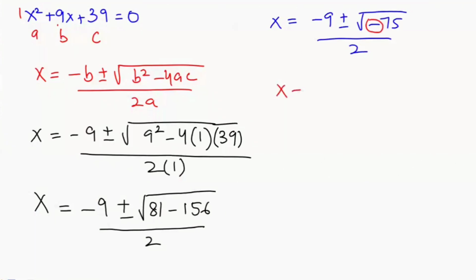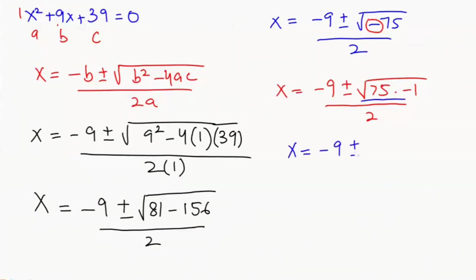Now again I'm going to separate this negative sign. So I'm going to express this in this form, 75 times negative 1 over 2. Now I'm going to express this 75 in this form. X is equal to minus 9 plus minus root 25 times 3 times negative 1 over 2.